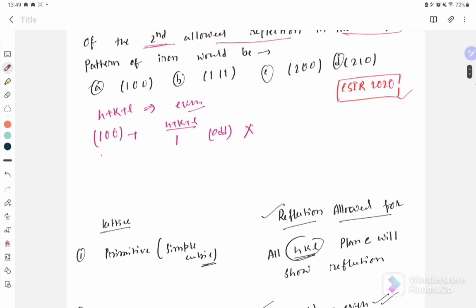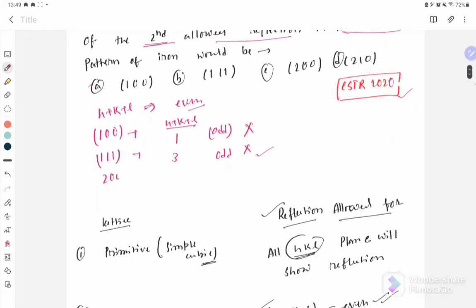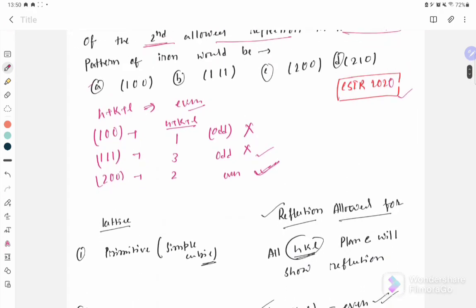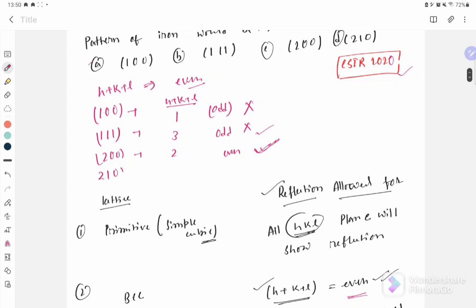Option B is 1 1 1, this is also 3, odd, so this option will not be the correct one. C is 2 0 0, that is 2, so this is even, so this may be the correct option. We can check the fourth one, that is 2 1 0, that is 3, so it is odd, so this also is not correct.